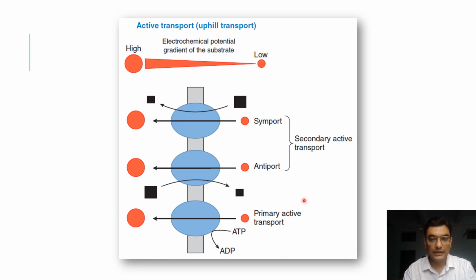So the primary active transport, as you can see, uses ATP as its source of energy. The carrier protein which is present in the primary active transport uses the ATP as its source of energy for the movement of molecule or ion against the concentration gradient.